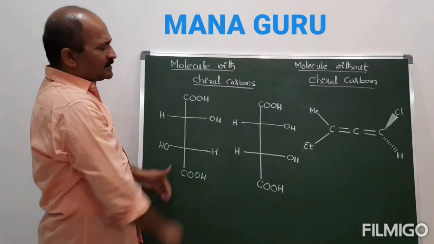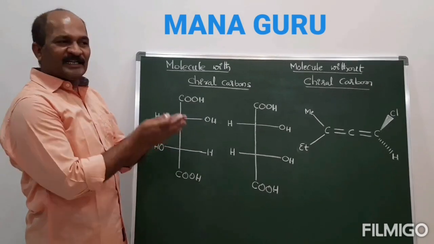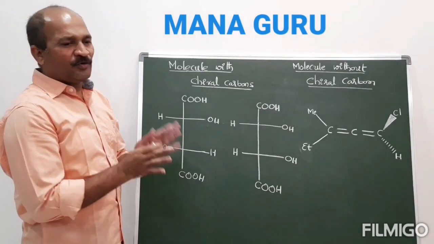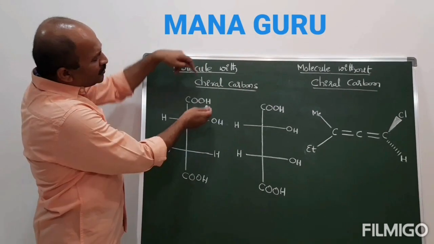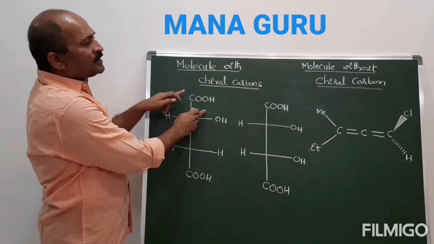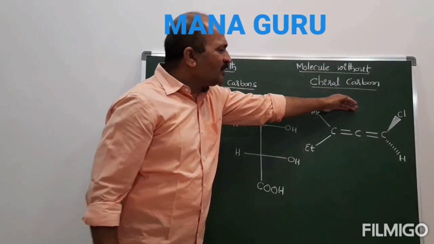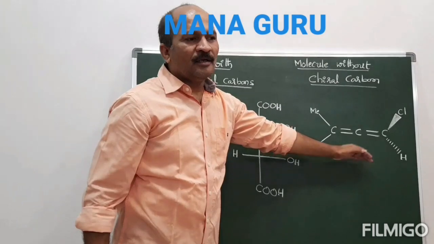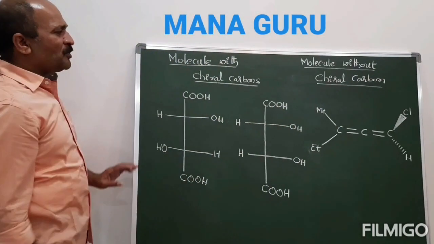Previously we discussed the compound having one chiral carbon, which exhibits optical isomerism undoubtedly. Now a molecule having chiral carbons may or may not exhibit it, and a molecule having no chiral carbon sometimes exhibits it.